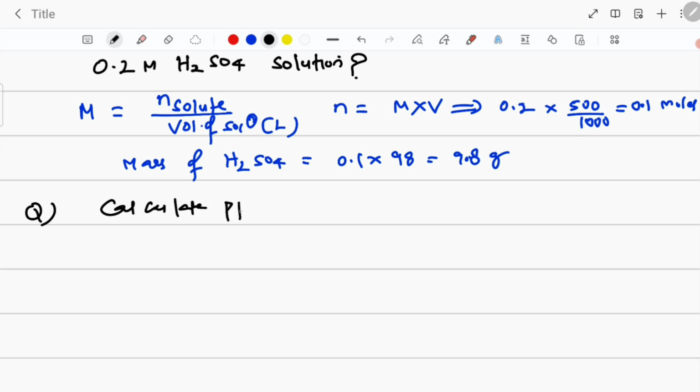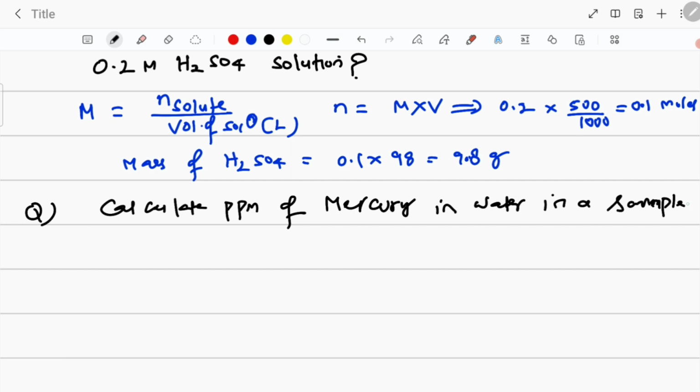Next question. Calculate ppm. See, ppm, parts per million, we use only for dilute solutions. For very dilute solutions, we use the parts per million concentration term.